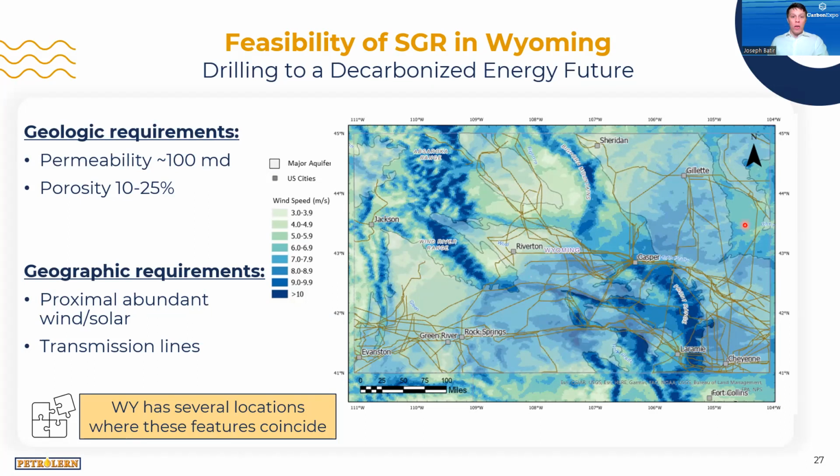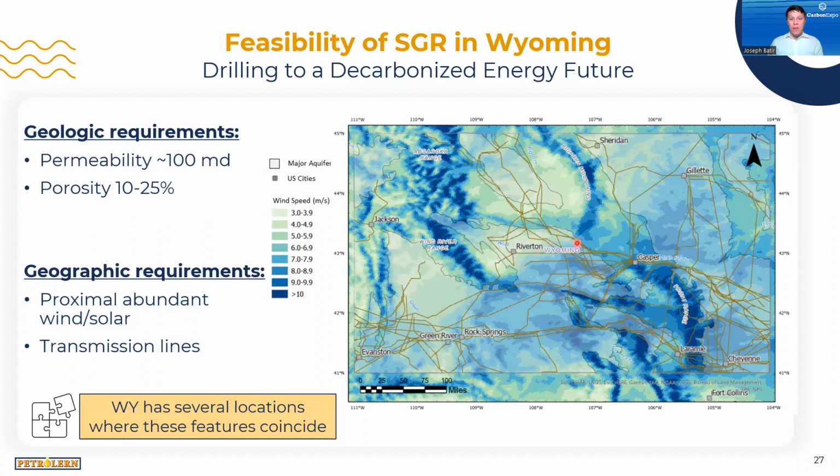A good majority of Wyoming is also covered in sedimentary basins. In sedimentary basins, what we would be looking for to create a synthetic geothermal reservoir is a saline aquifer, something with 100 millidarcies, porosity in the 10 to 25% range. And again, saline, so that we're not competing with fresh use water resources.